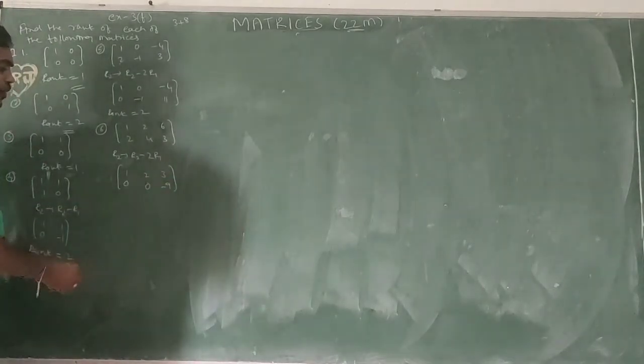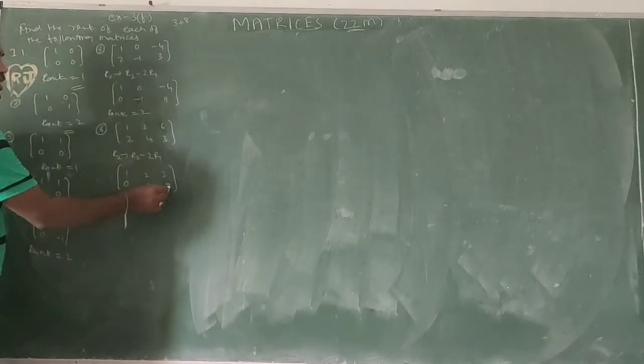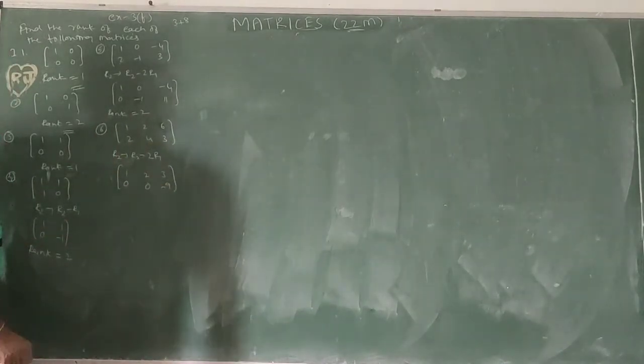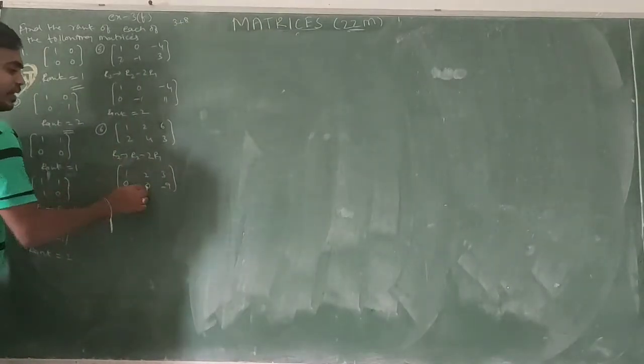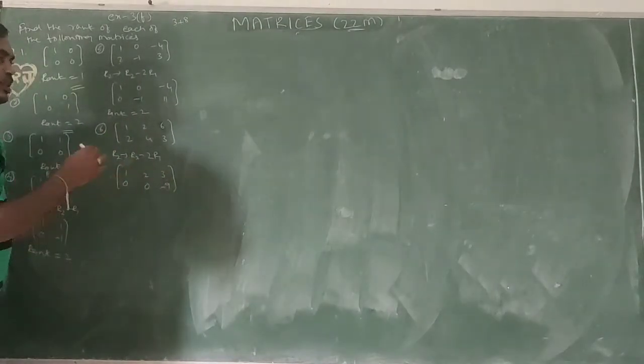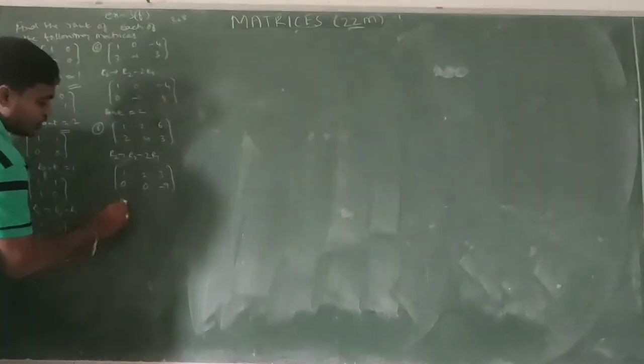We are trying to convert only the first element to 0, and the second becomes automatically 0. If all of them are 0, then it is called a 0 row. If at least one of them is not 0, then it is a non-zero row. How many non-zero rows? 1, 2. Rank equal to 2.